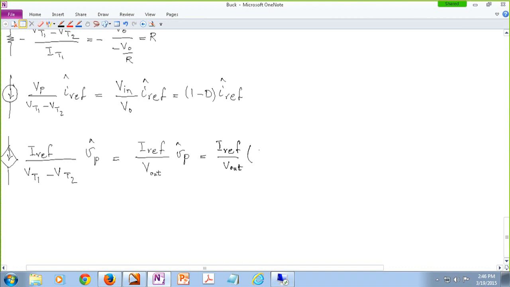Instead of VP, I'm writing the input voltage plus, again, we are switching from time domain to frequency domain, the voltage drop across the inductor, which is the impedance of the inductor times IP.